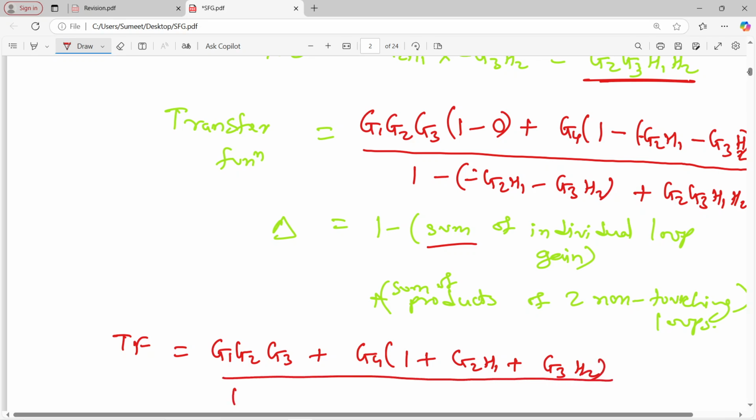Delta after simplification, here also minus minus becomes plus: 1 plus G2 H1 plus G3 H2 plus the product of two non-touching loops, which is G2 G3 H1 H2. So this is the answer for your transfer function.